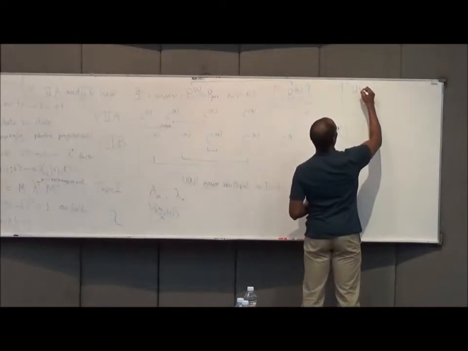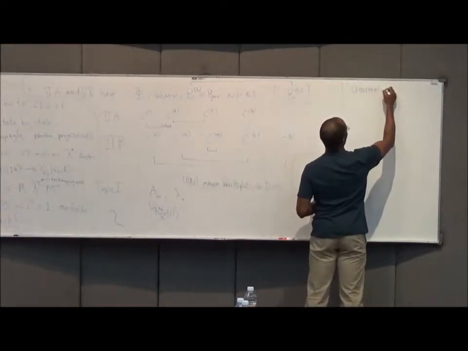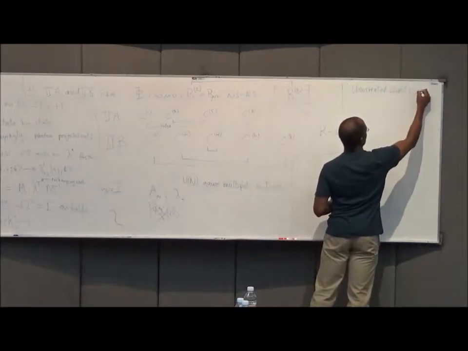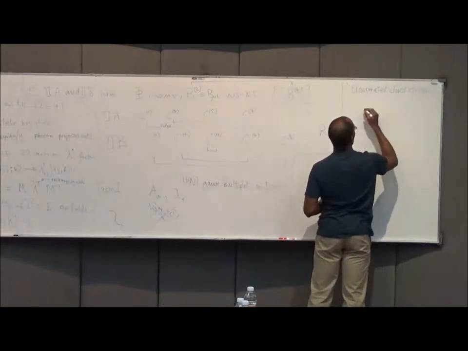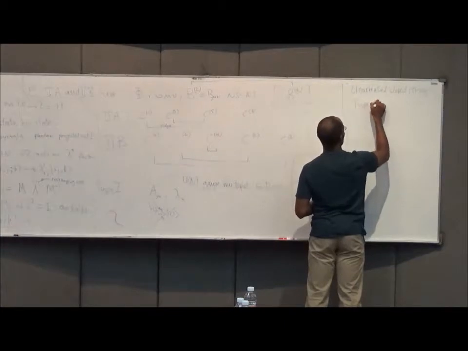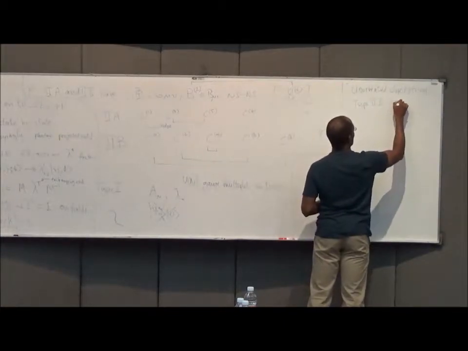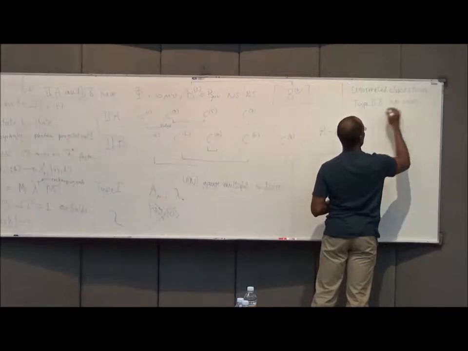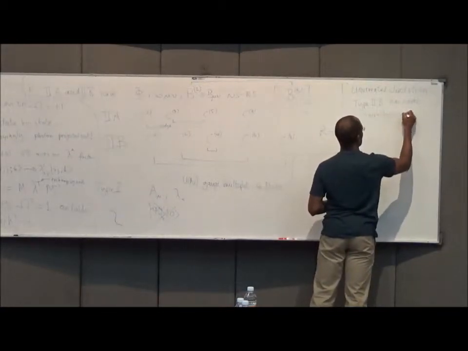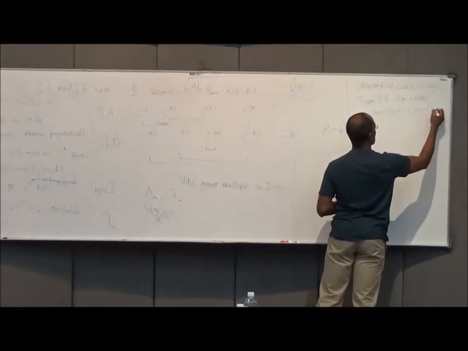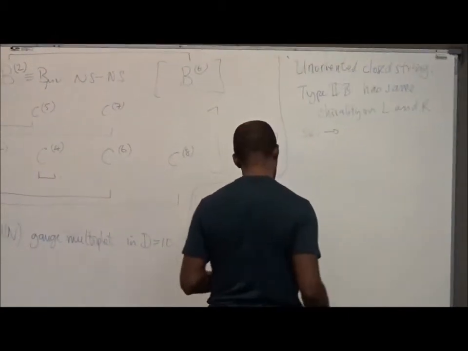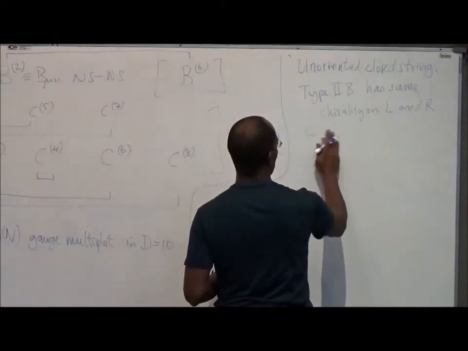So let's make an unoriented closed string. Type 2B has the same chirality on left and right. So let's play with that. If you like, omega is a good symmetry.